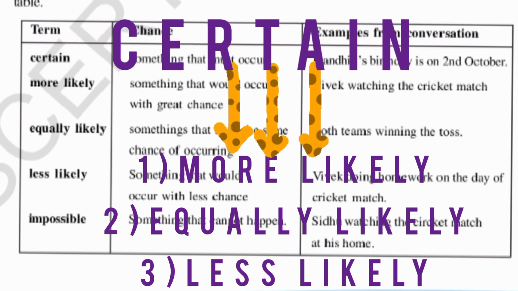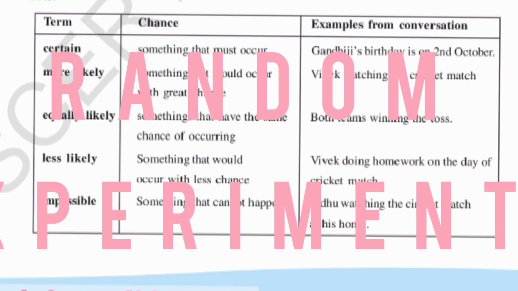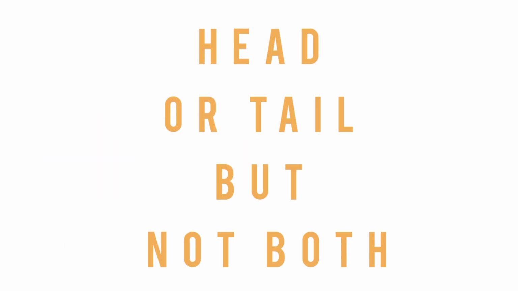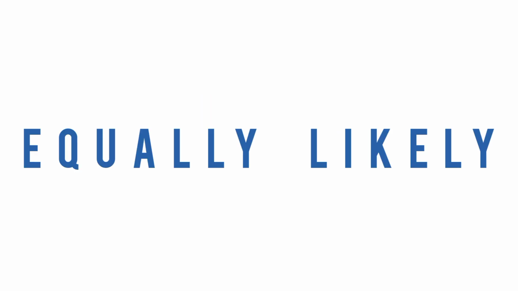So now let's see a few random experiments and their outcomes. The first example is tossing a coin. When we toss a coin, we get a head or a tail, but not both. So it is called equally likely. Now the second example is rolling a die.